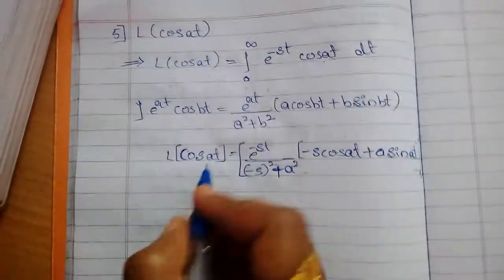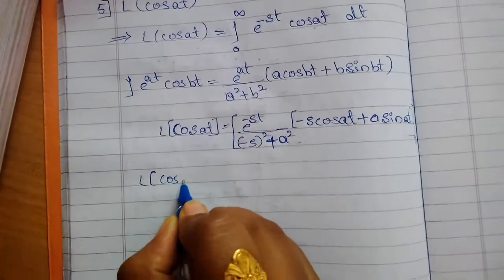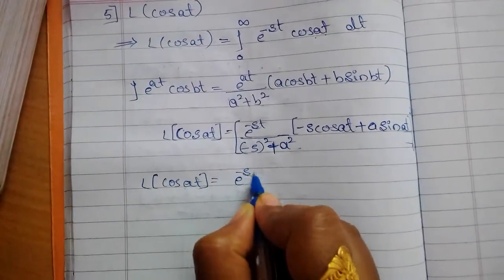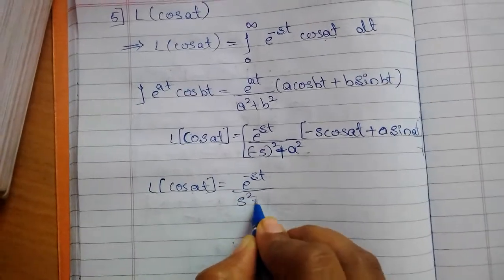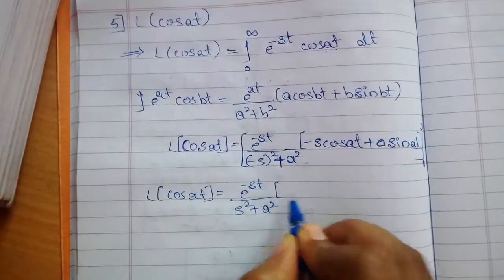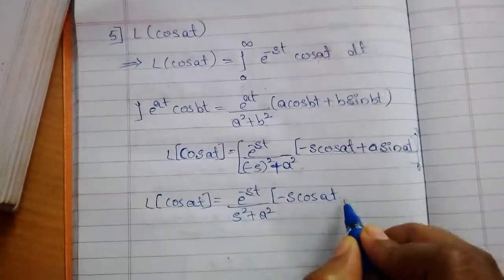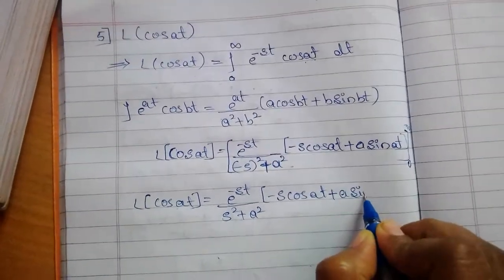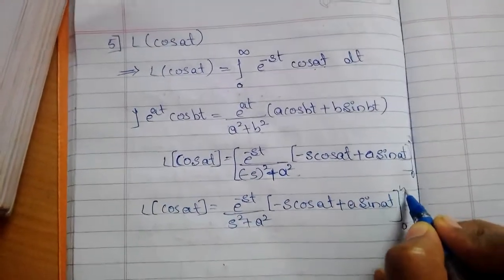I will write clearly here once again, L of cos at is equal to e raised to minus st divided by minus s whole square is s square plus a square into minus s cos at plus a sin at, limits from 0 to infinity.